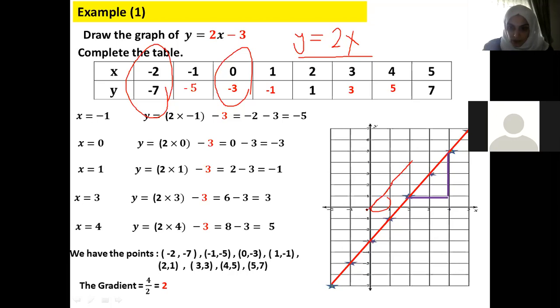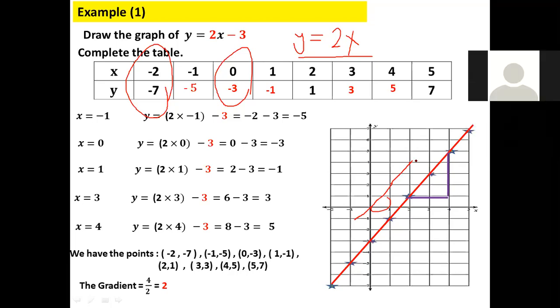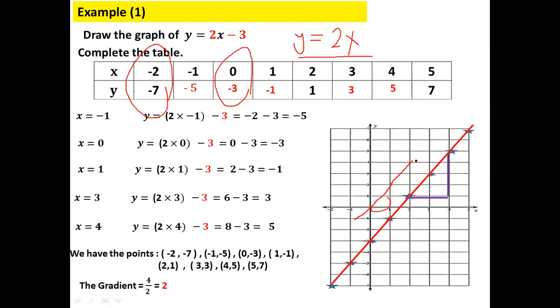Okay, and I asked you, what can you see? Is there any relation between y equals 2x and y equals 2x minus 3?